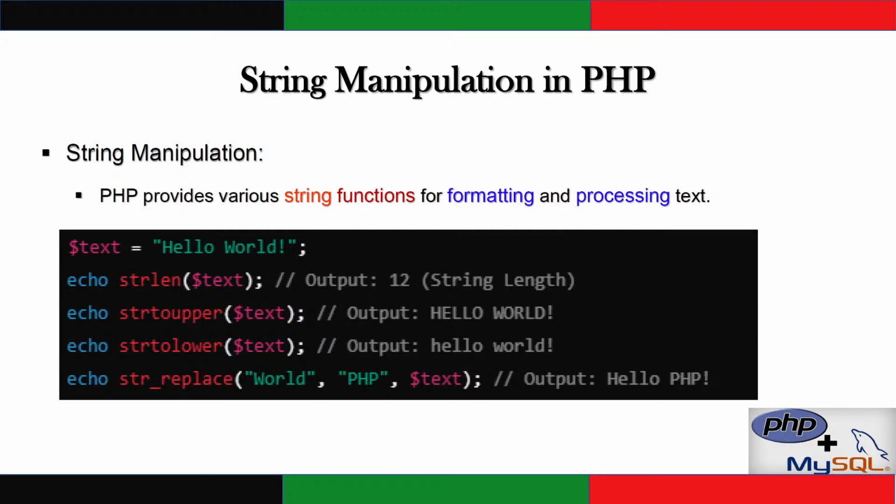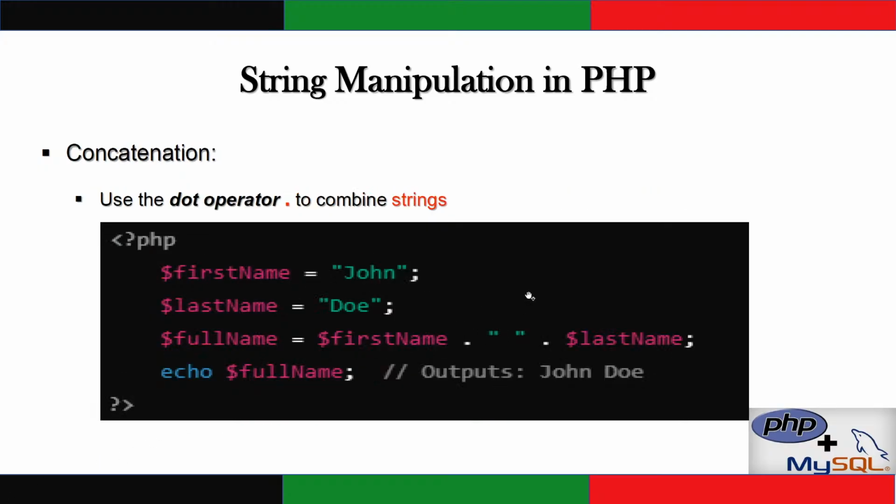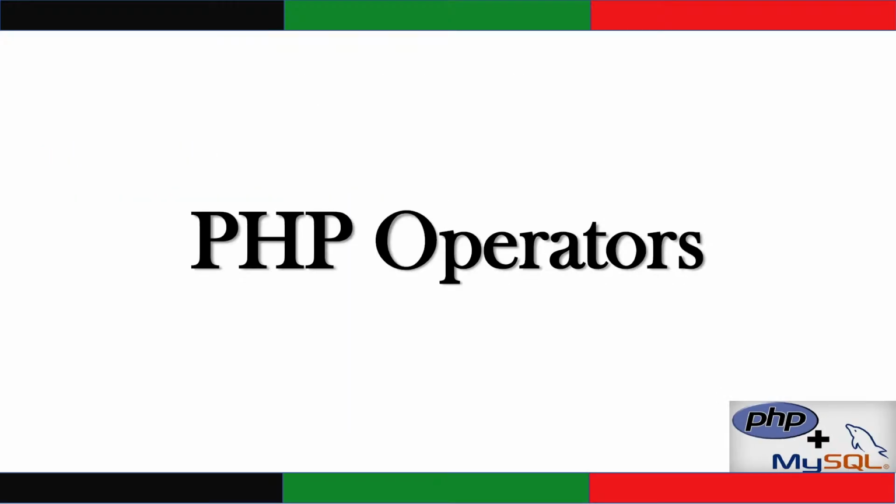Then replace helps you replace a certain word with a new word on a particular source string that you want to change. We can also join two or more strings using the concatenator, what we call the dot operator in PHP.